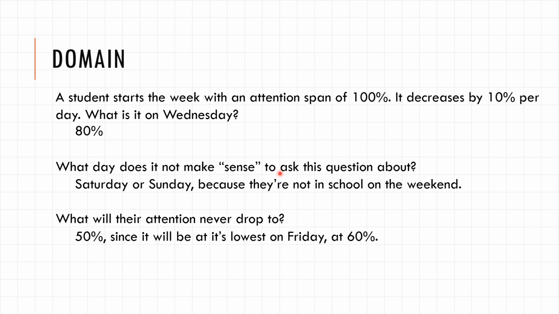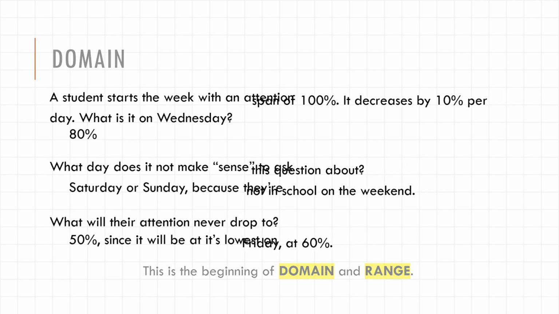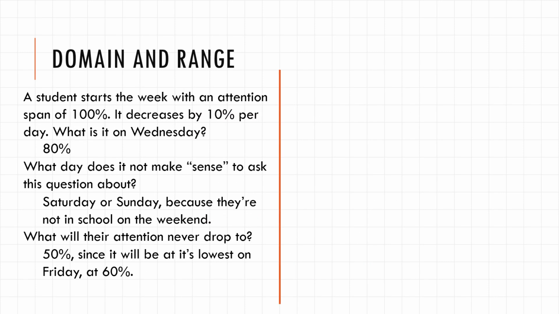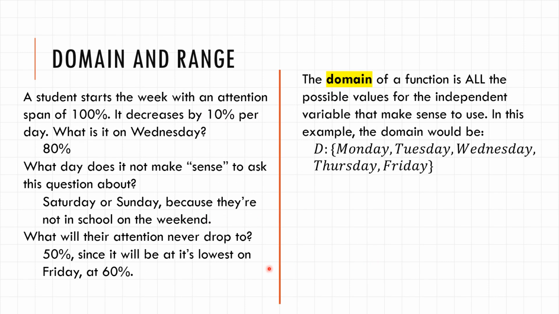If you can understand what these questions are asking, you already understand the ideas of domain and range. The domain of a function is all the different possible values for the independent variable that make sense to you.